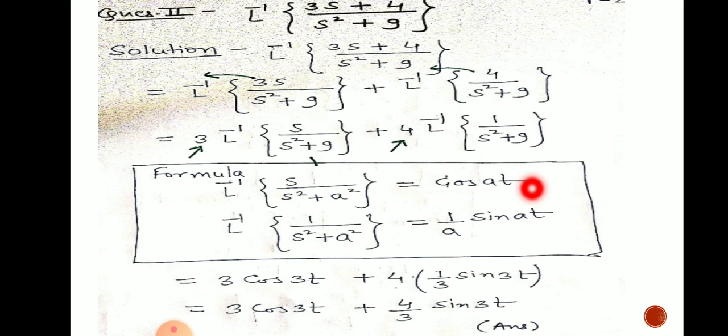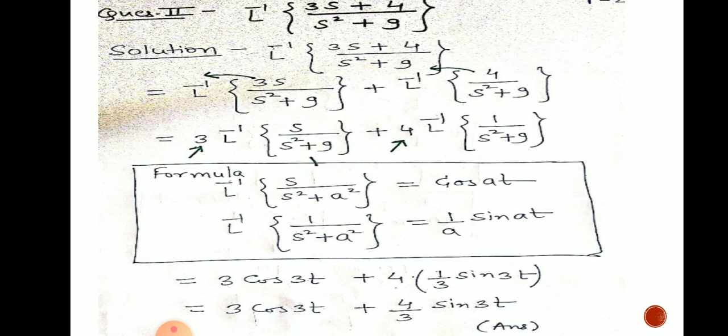Whenever we have s upon (s square plus 3 square), this is equal to cos 3t. So clearly this term s upon (s square plus 9) can be written as s upon (s square plus 3 square). So this term is equal to cos of 3t.